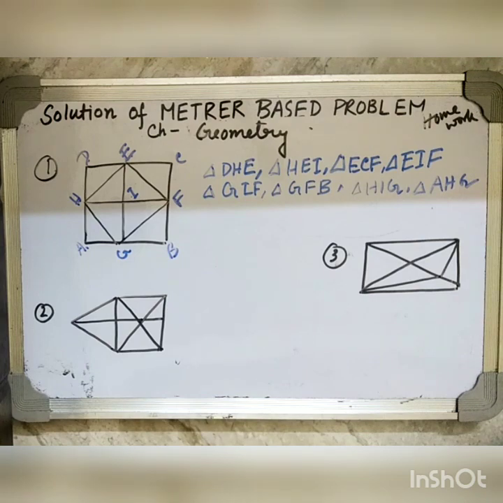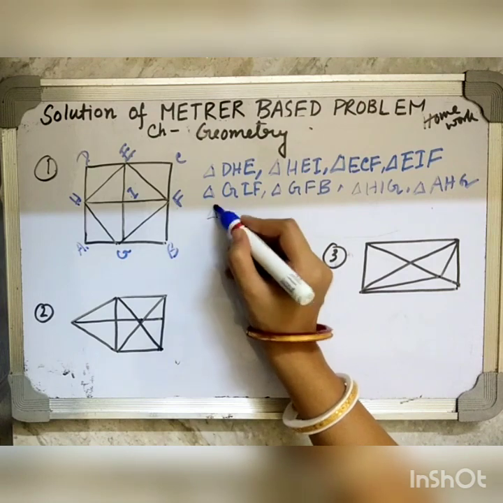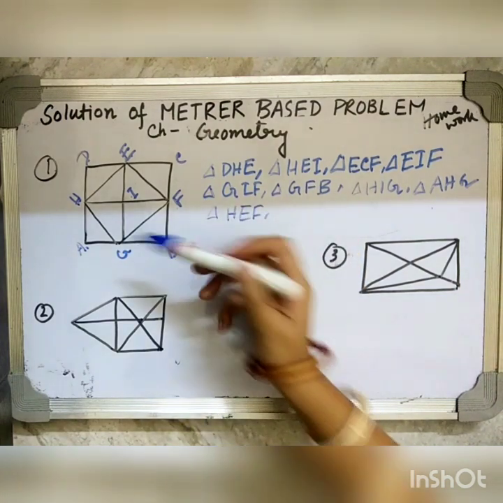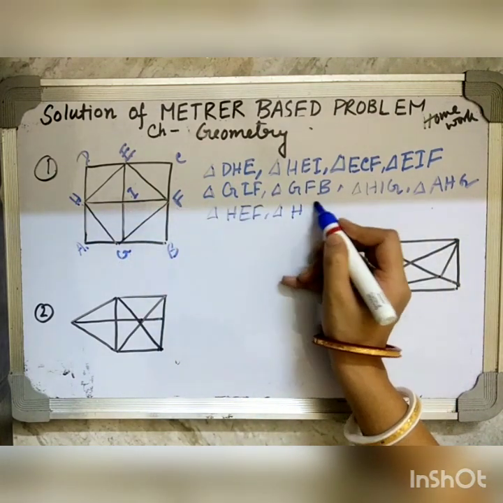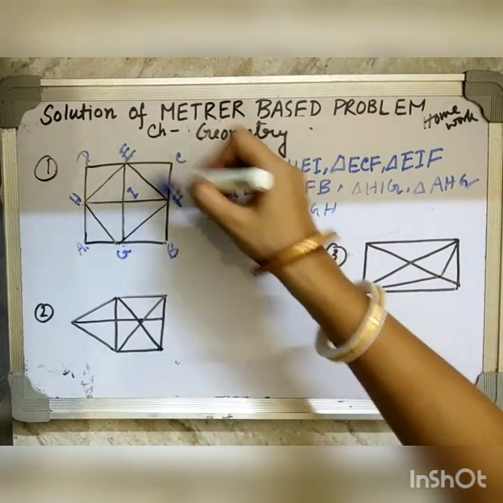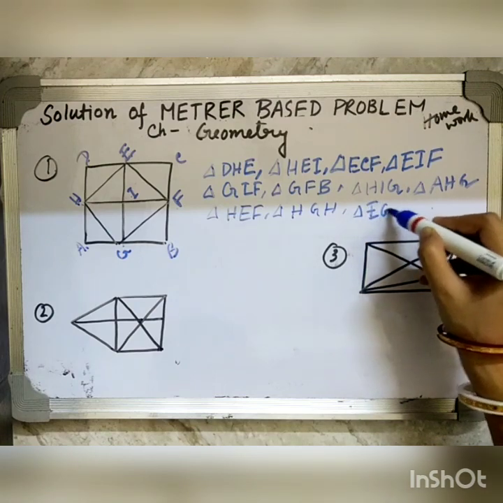How to find that? You can see HEF. This triangle HEF. Again triangle HGF. For this one EGF. This big triangle, triangle EGF.